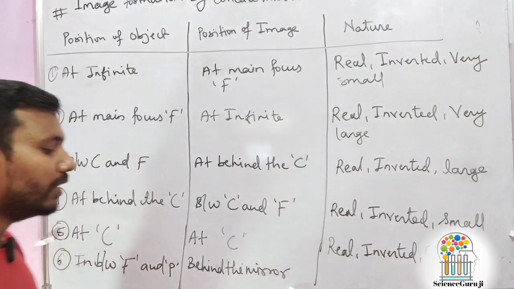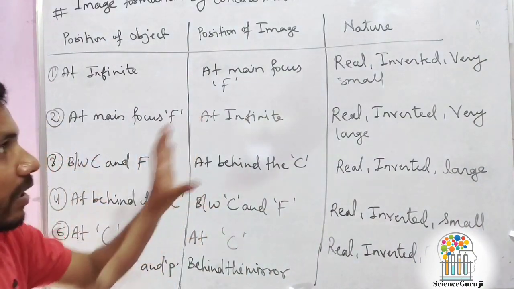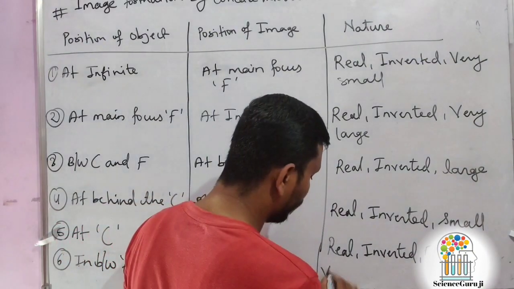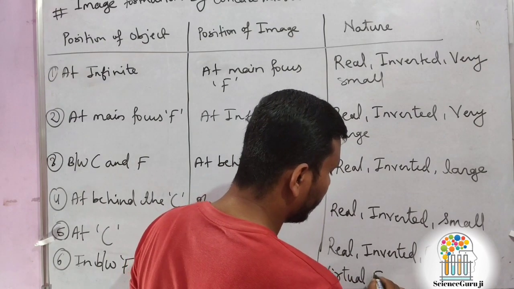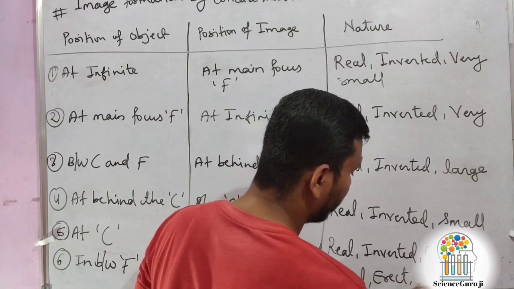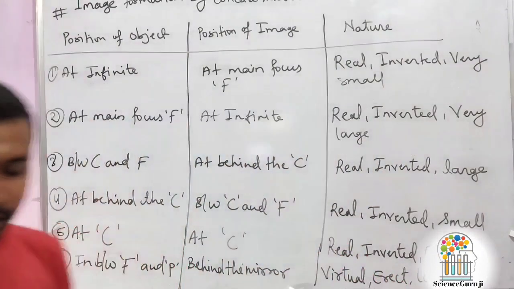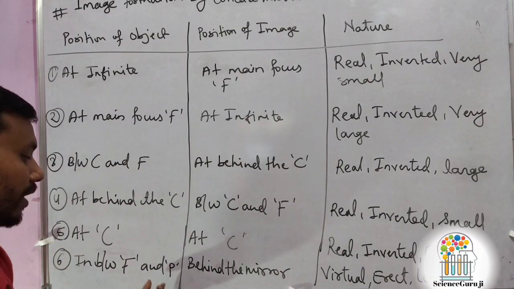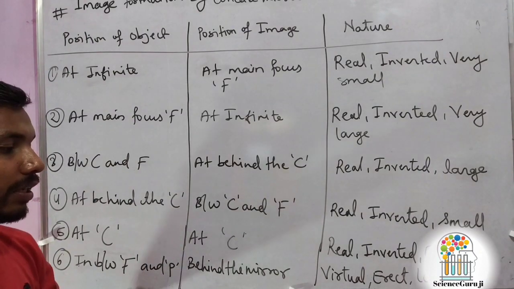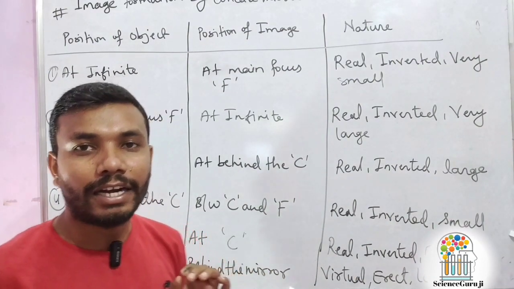Okay, the image forming here is behind the mirror. It means the nature of the image here is virtual, erect, and large. Okay, here the image forming in between the focus and the pole is behind the mirror, and the nature of the image is virtual, erect, and large.